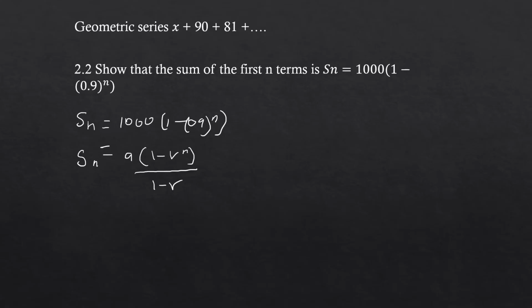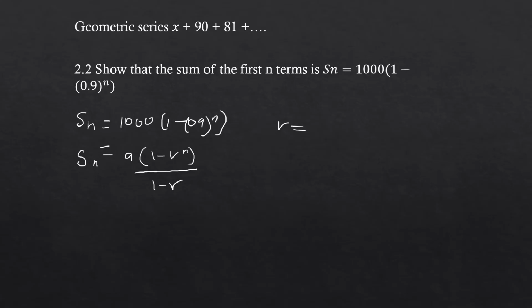This is the formula we use when our r is less than 1. Here our r is equal to T3 divided by T2 or T2 divided by T1.